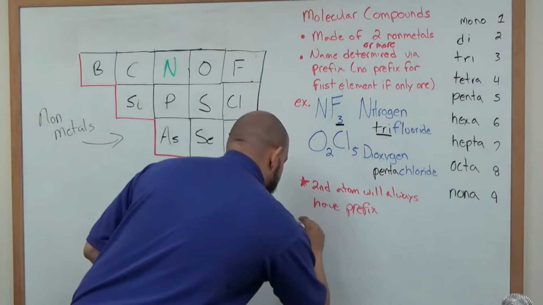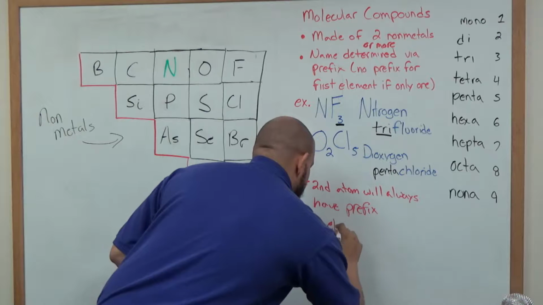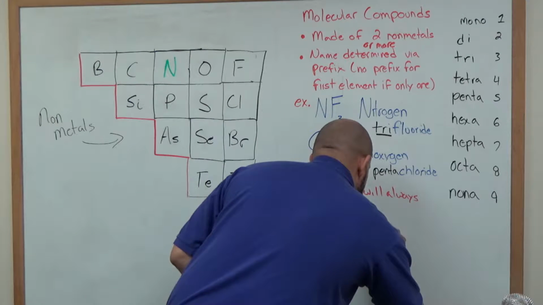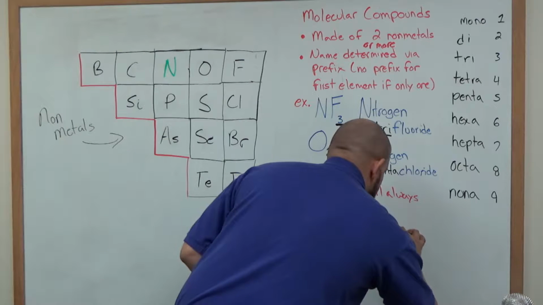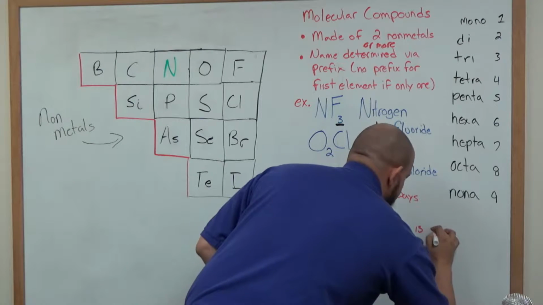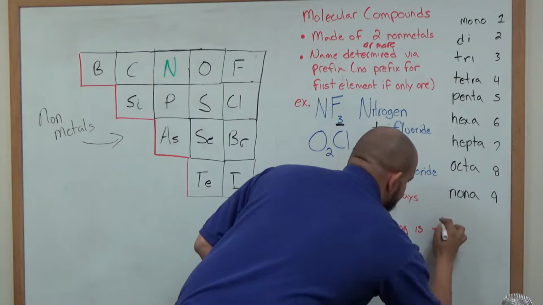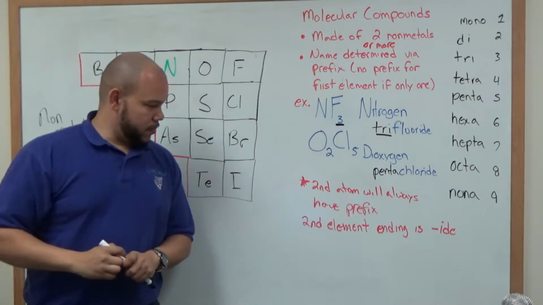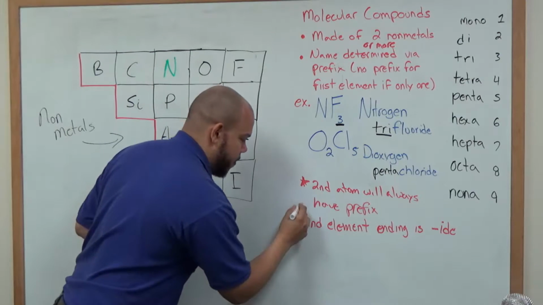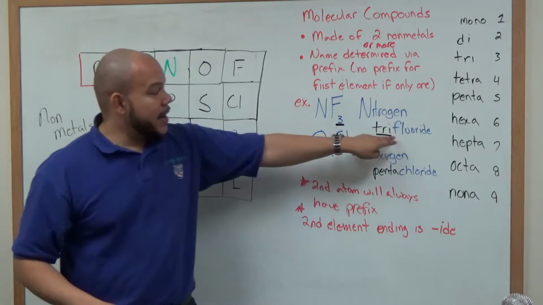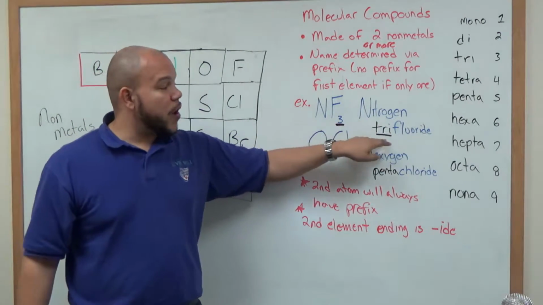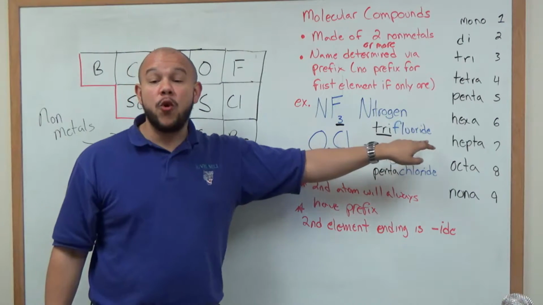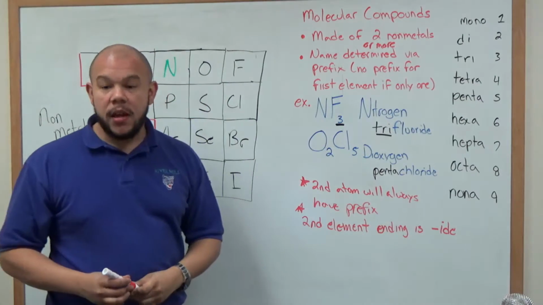So, second element, ending is dash IDE, meaning we add IDE to the end. And this is why you see that I do not have nitrogen trifluorine. That is incorrect. It is nitrogen trifluoride, IDE.